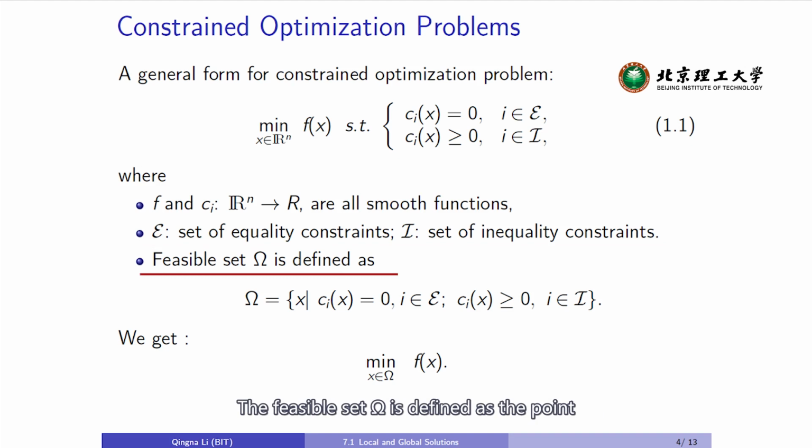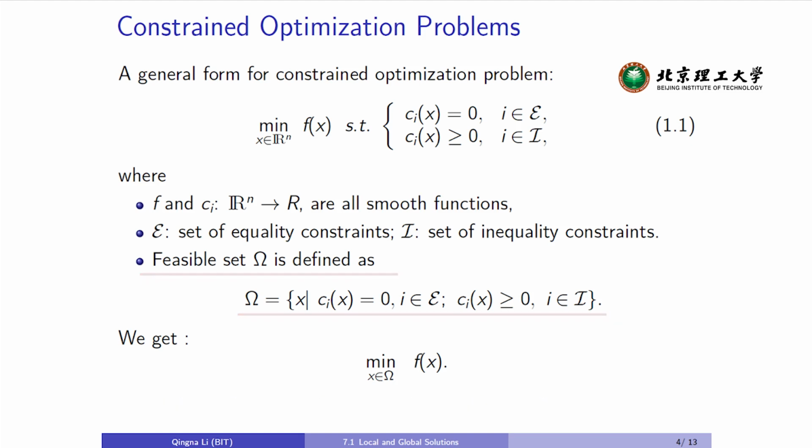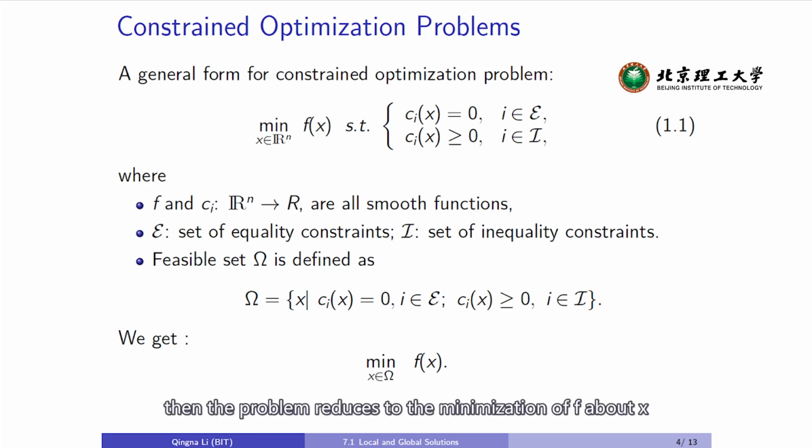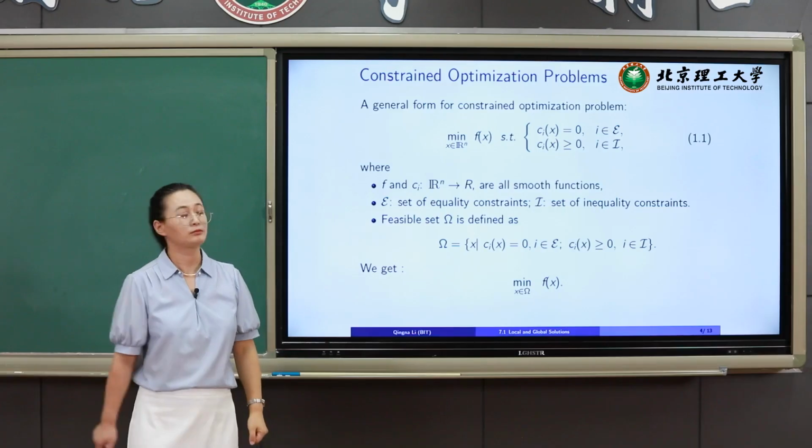The feasible set omega is defined as the points which satisfy equality constraints and inequality constraints. By denoting the feasible set omega, the problem reduces to the minimization of f of x, where x is in the feasible region. So this is a formulation of constraint problems.